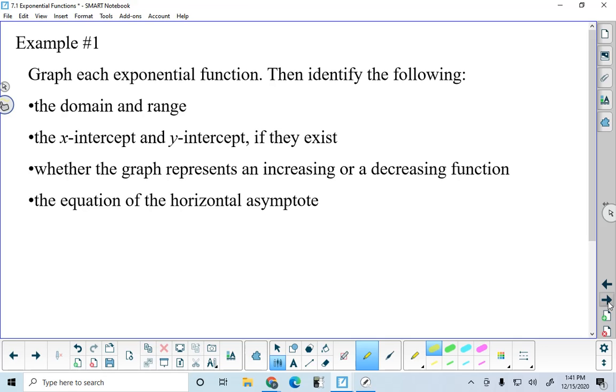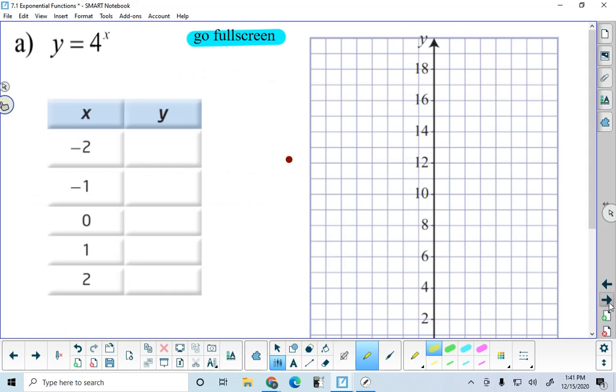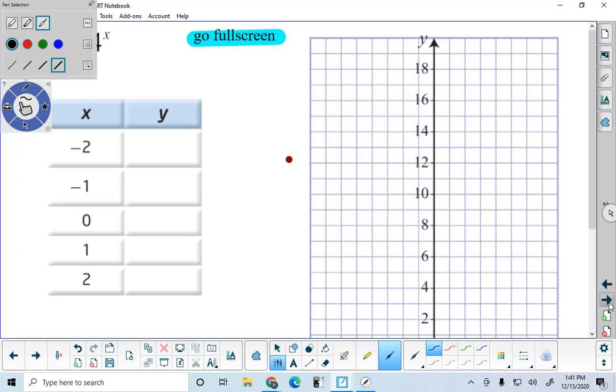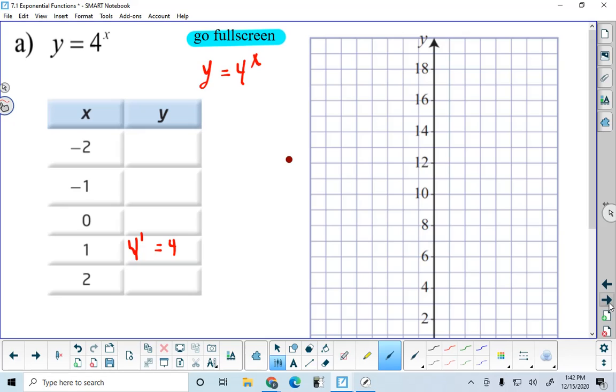And then we're asked for all these properties. So to begin with, I'm going to do this with a table of values. Y is found by taking 4 to the x. So I'll use x equals 1 to begin with. If I were to take 4 raised to the 1, I get 4.